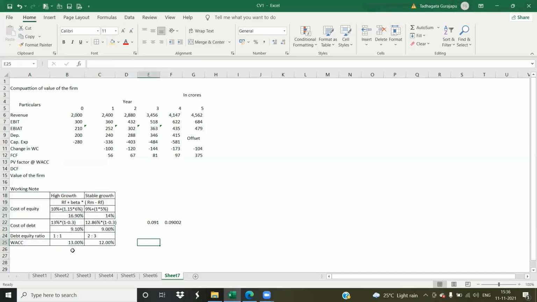Now, we have two discount rates. One is 13%, one is 12%. So for the first 4 years, we'll use 13% because that is for high growth, and for future years, we'll use 12%. So this is equal to 1 divided by 1 plus this.